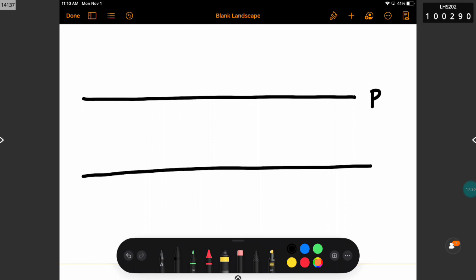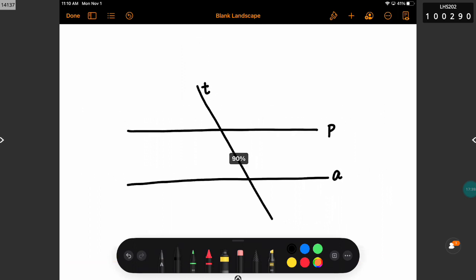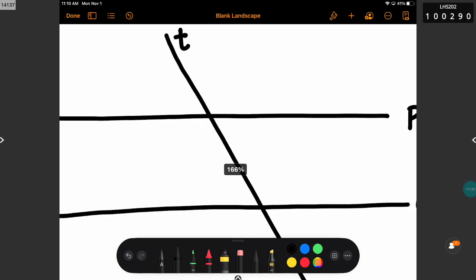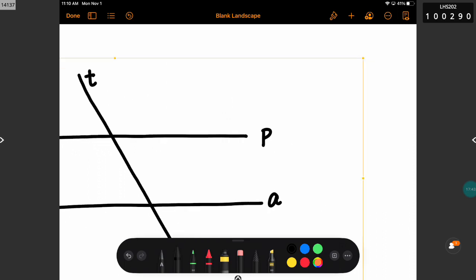Then I want you to draw a line that intersects those two lines, and label that one as T. T is equal to a transversal.